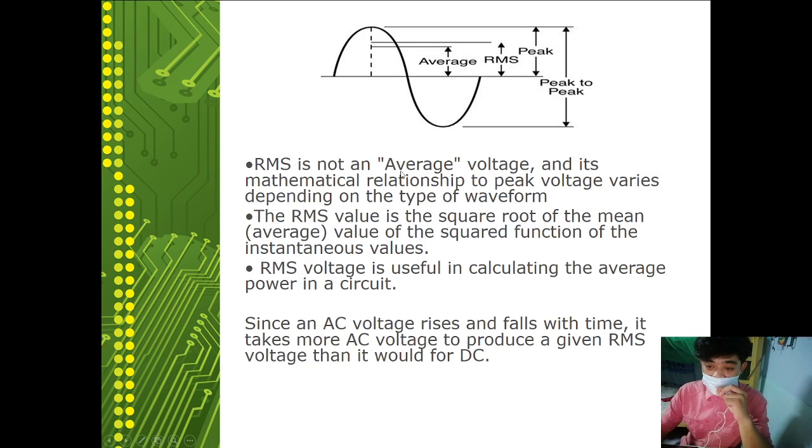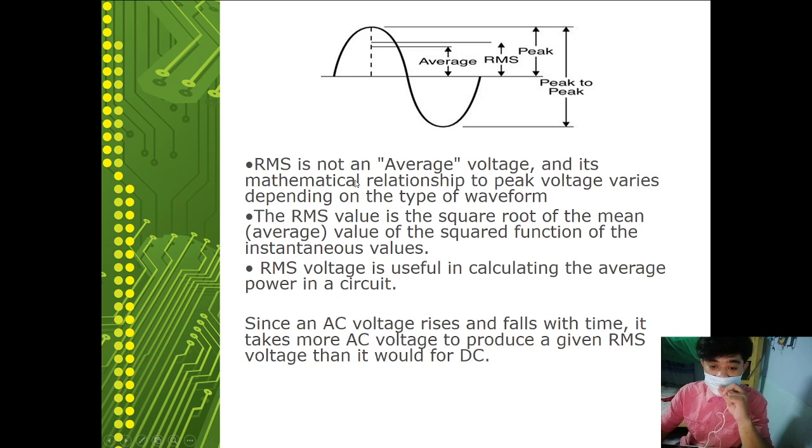RMS is not an average voltage, and its mathematical relationship to peak voltage varies depending on the type of the waveform. Well, if you say that it has a higher voltage peak, it would be a higher RMS. If it is a lower voltage, it would be a lower RMS.